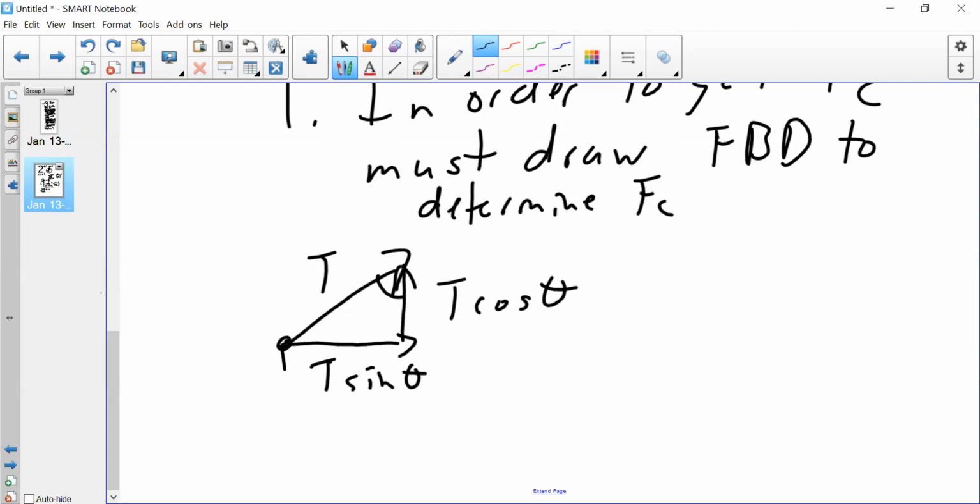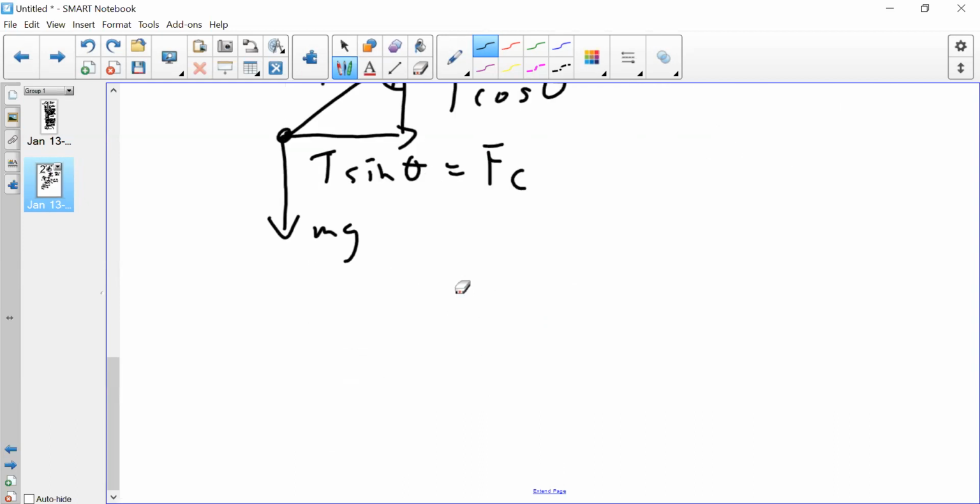And we have this guy here, this is mass, so mg. So the force that makes up the centripetal force is T sine theta, right? So therefore, what we have then is T sine theta is equal to m v squared over r.